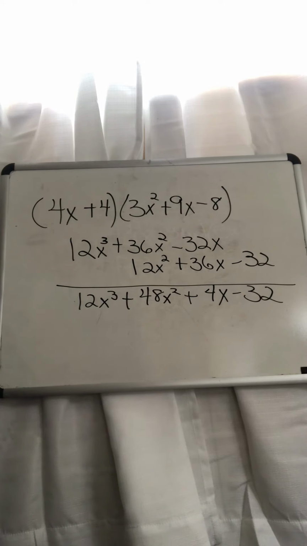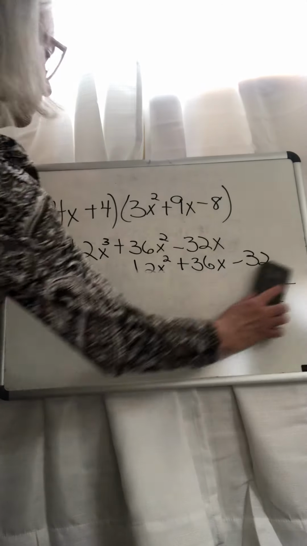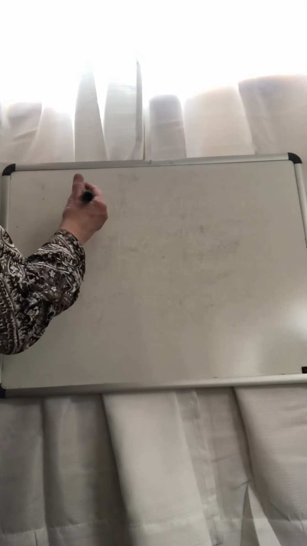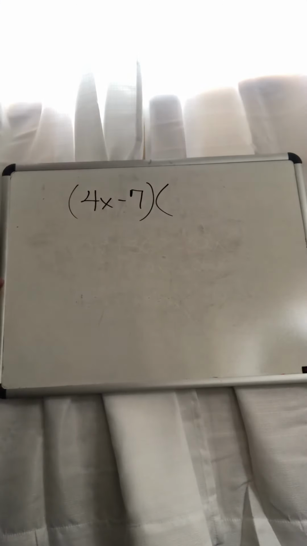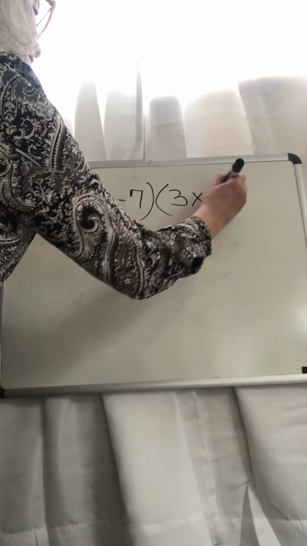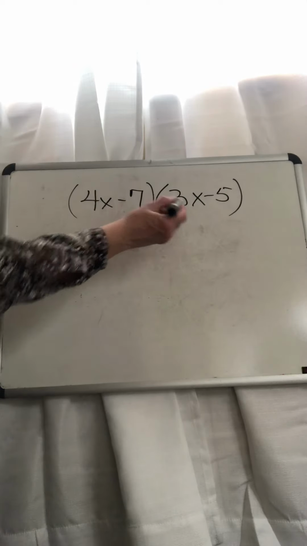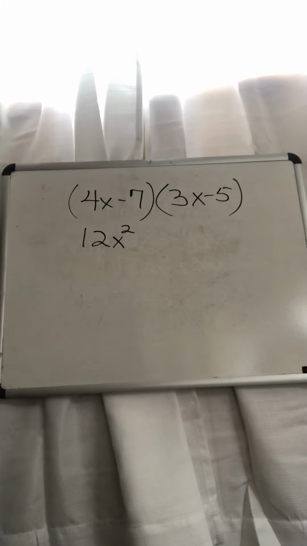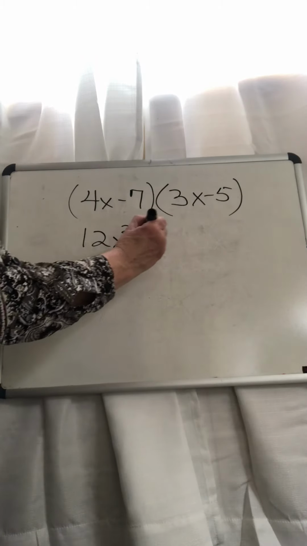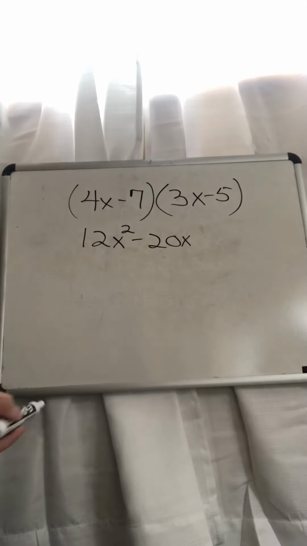Okay. Well, we've got one more, so let's go ahead and do that one. So we have 4x minus 7 times 3x minus 5. Okay, so first term times first term, 12x squared. 4x times a negative 5, a negative 20x.